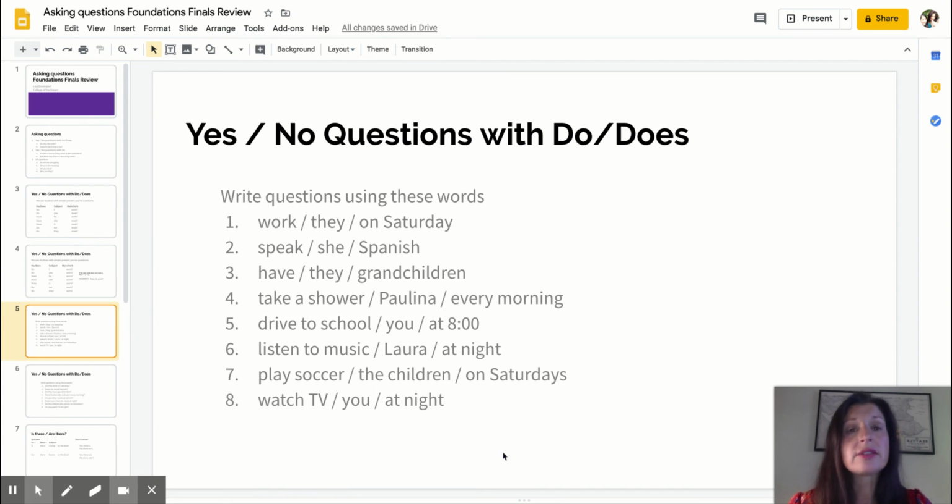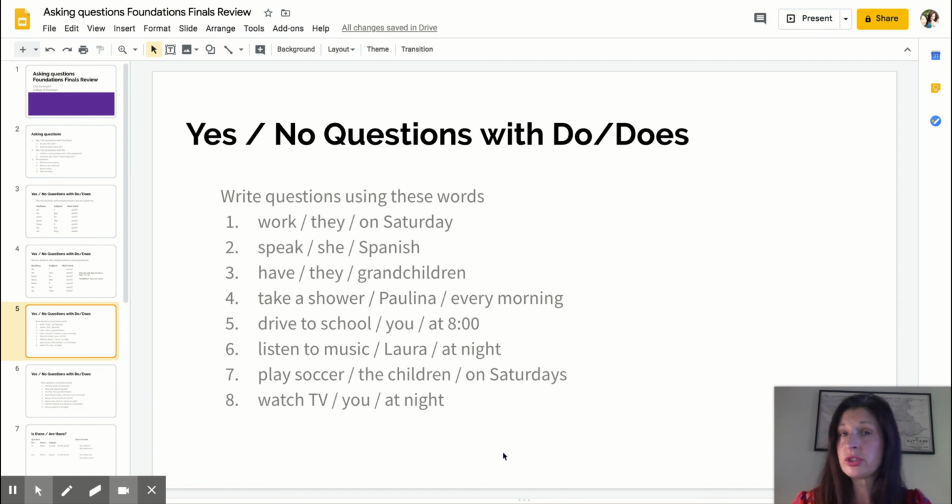Let's practice writing questions with do or does. Here are 8 sentences that you can write, 8 questions that you can write. I will help you with number 1. Work they on Saturday. So the first word is do or does.